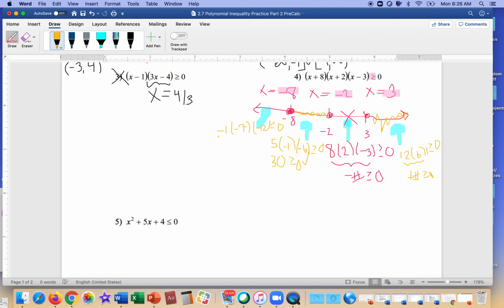Okay, so we have a positive times negative. It's going to be a big negative number. A negative number is not going to be greater or equal to 0, so we're going to cross off here.